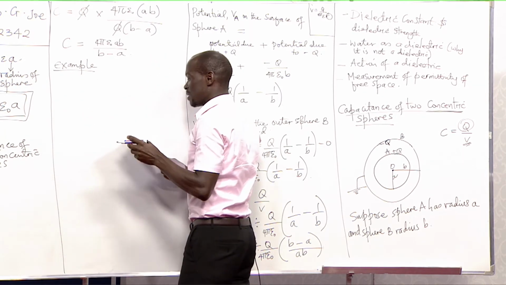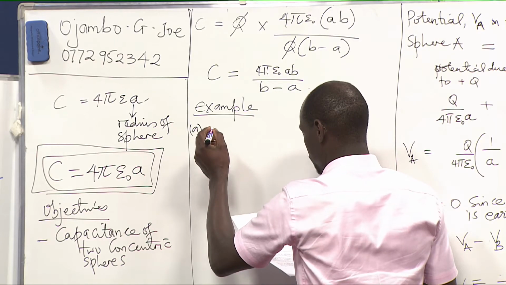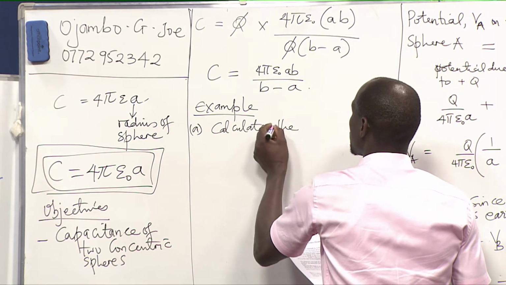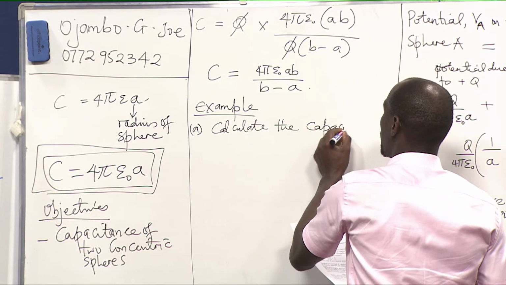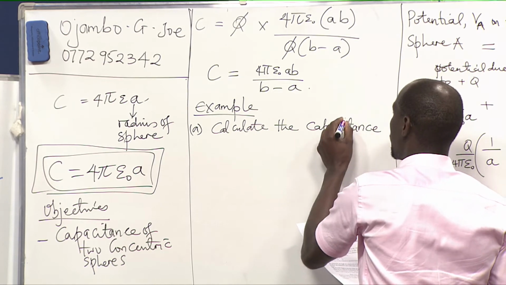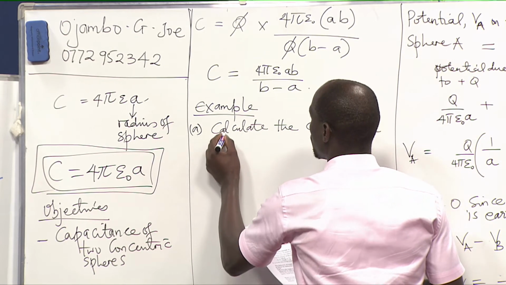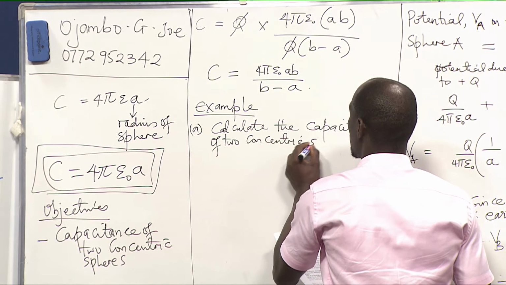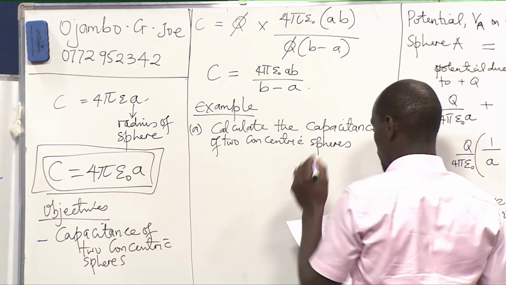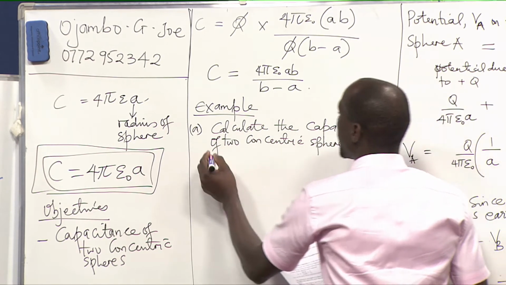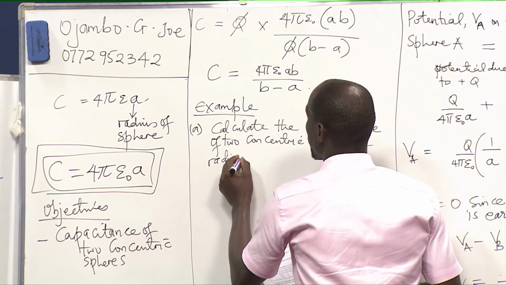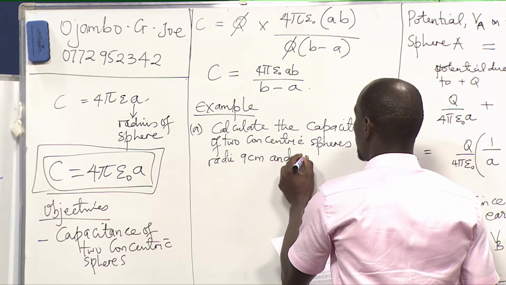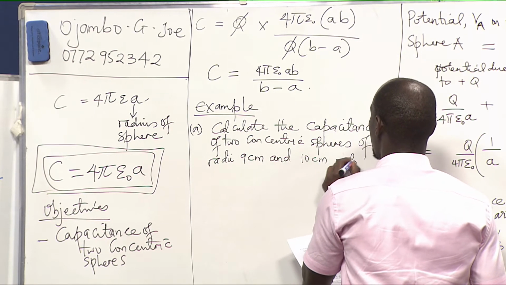Part A is: calculate the capacitance of two concentric spheres of radii 9 centimeters and 10 centimeters respectively.